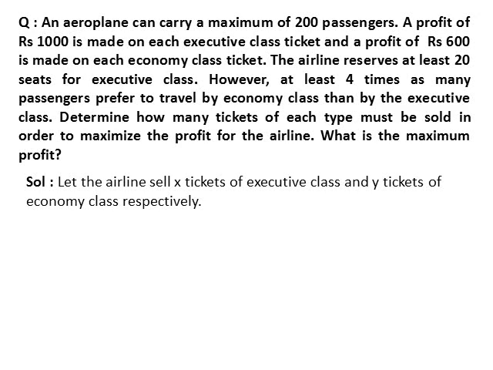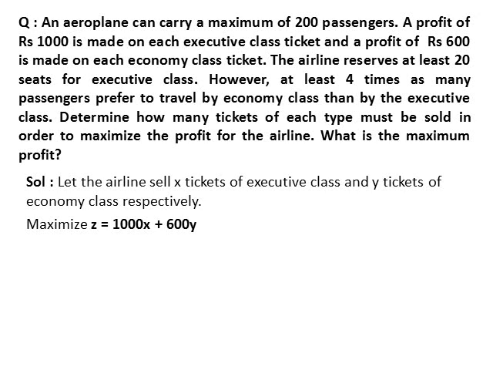So, profit on x tickets of executive class is 1000x. Similarly, profit on one ticket of economy class is rupees 600. Then profit on y tickets of economy class is 600y. As objective is to get maximum profit, so z equals to 1000x plus 600y.